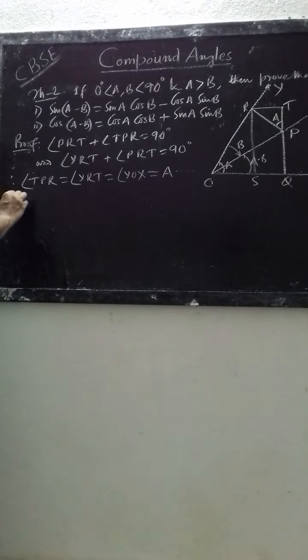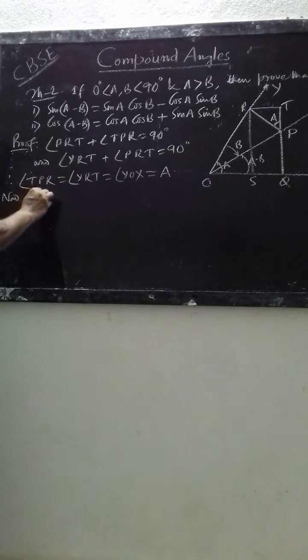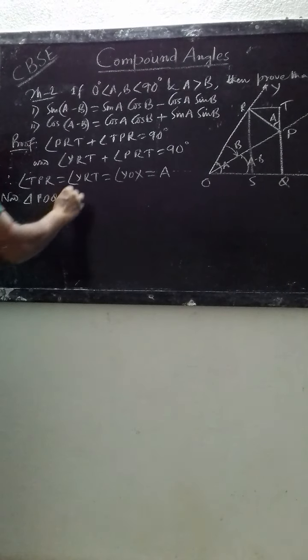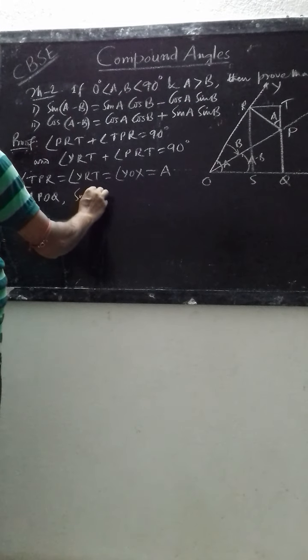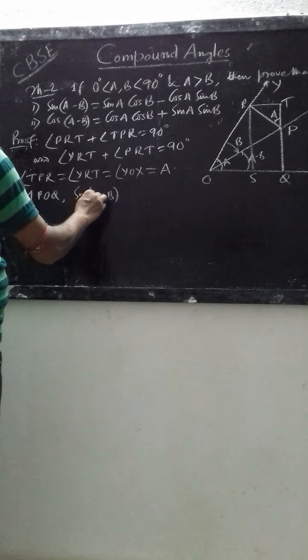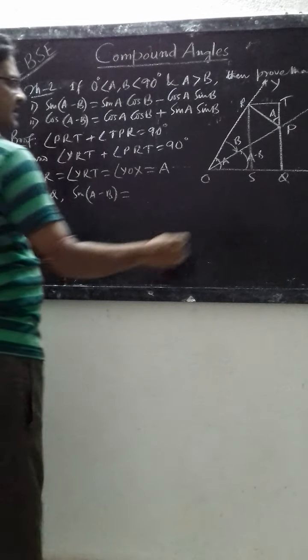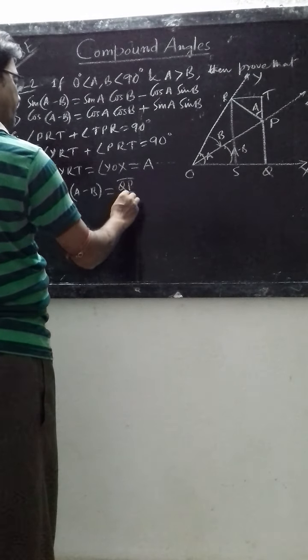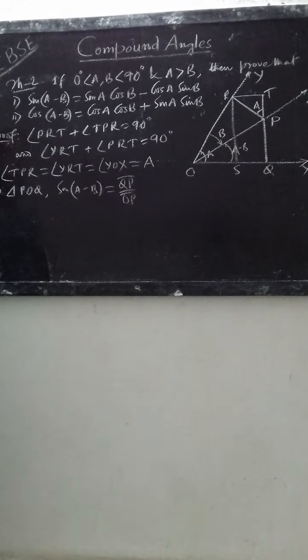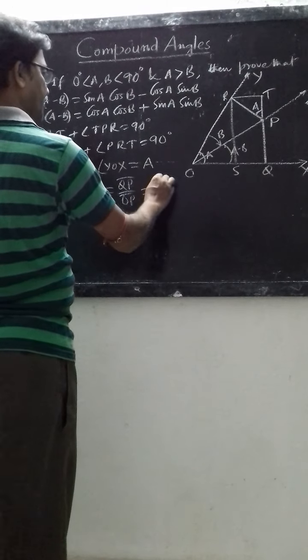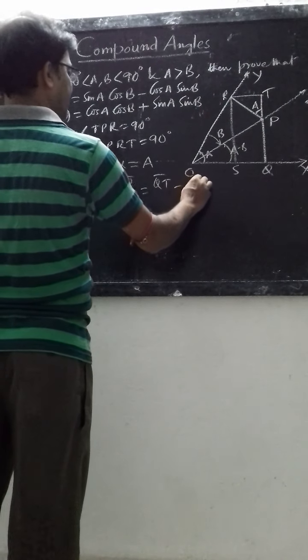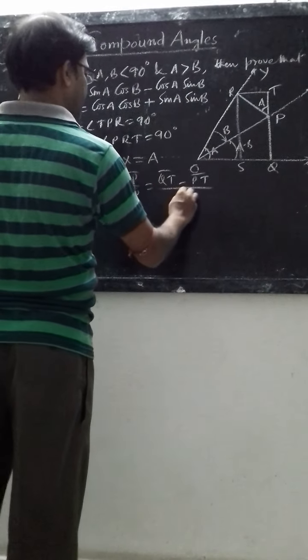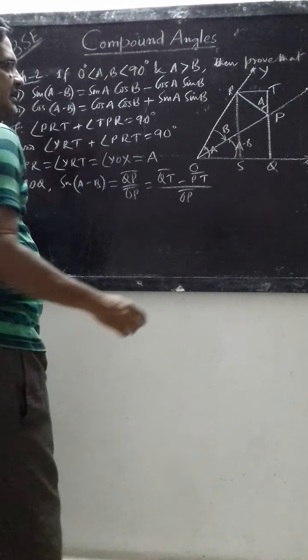Now from the right angle triangle POQ, sin(A minus B) equals QP by OP. QP equals QT minus PT, whole divided by OP.